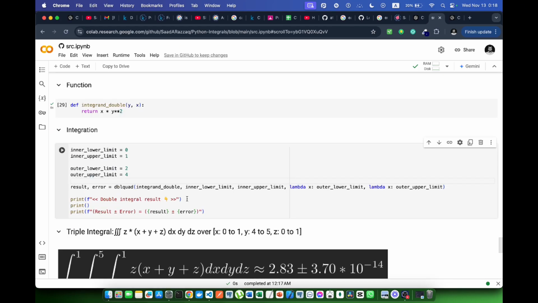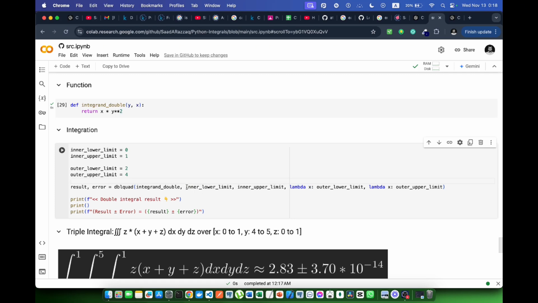Now the result. Here you can see some lambdas, right? Lambdas are nothing. Just remember the concept: whenever more than one integral is involved, like in double integration and in triple integration, all the outer integrals get lambda with them to get the correct answer. That's why we have added lambda x here.